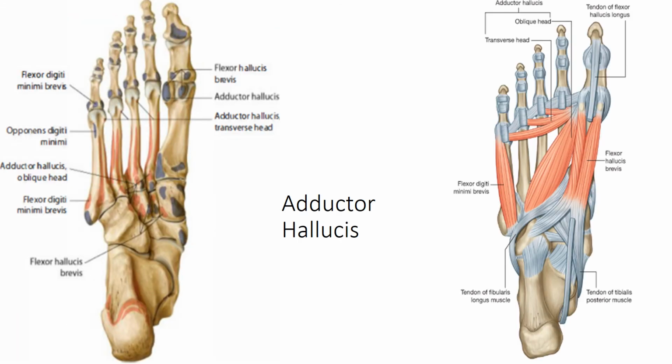And this is the portion of the transverse head of the adductor hallucis, and as it is attached near the heads of the metatarsals, it supports the distal portion of this transverse arch, and as is evident, this is the portion of the deep transverse metatarsal ligament, so it also provides ligamentous support to this transverse arch. So this is the main support.